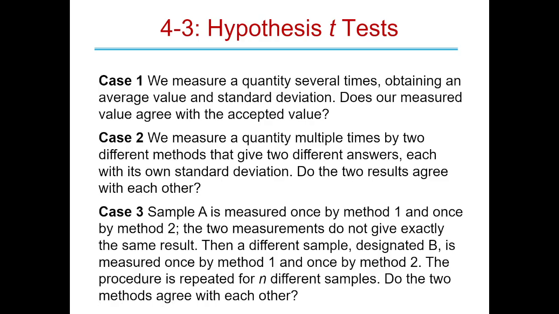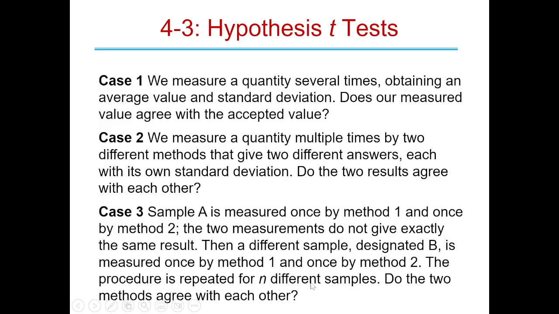You use a different method that's well established typically, and you get another result. Do those results agree with each other, and which one is correct? Do I need to do it again with another method and see if I get the same result again? Which one would be the correct one then? Okay, that's the sort of thing you would do. You're not sure the result from one method is agreeing with the other one, okay?